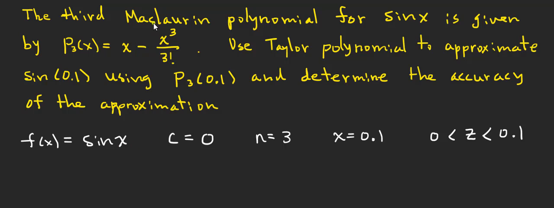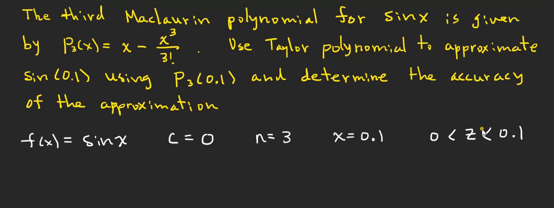And since this is the Maclaurin polynomial, we know that the center is at 0. And this is the third degree polynomial, so n equals 3. And the x value that we want to approximate is 0.1. So our x is 0.1.